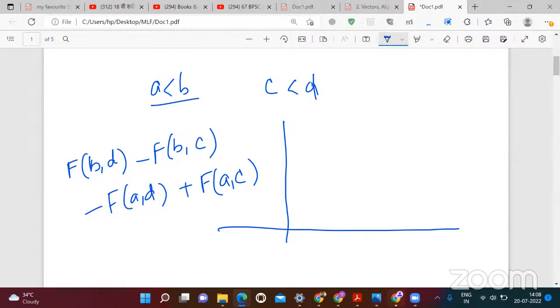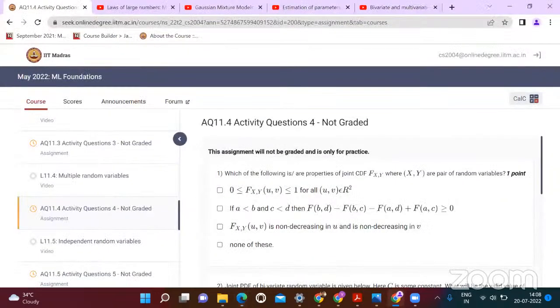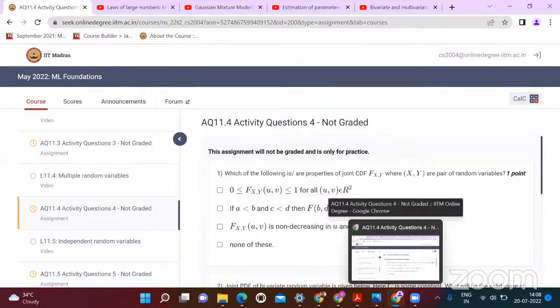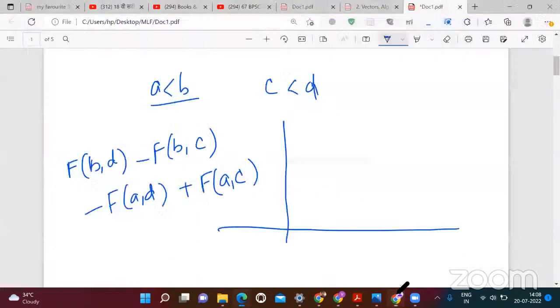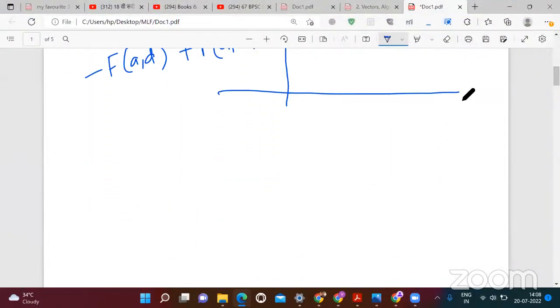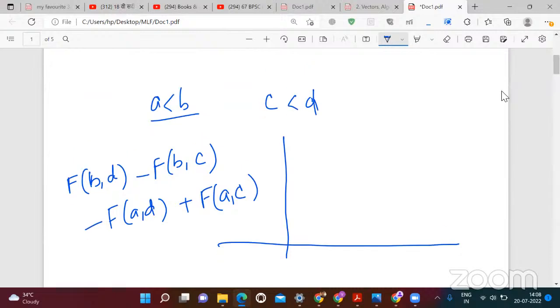Is anything else given here? Nothing else. Okay, so for example, I'm taking this as x1 and this as y1, this as x2 and this as y2.